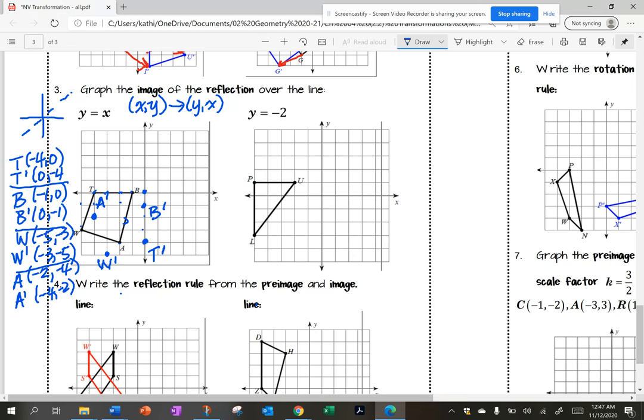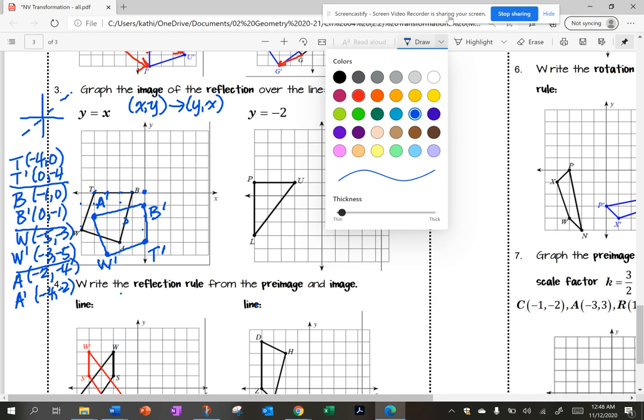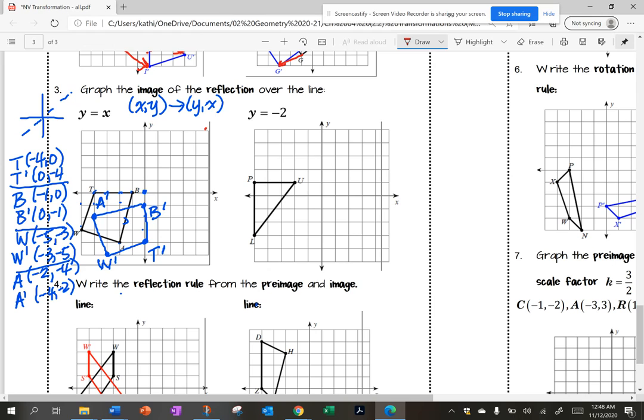A prime. And if it helps to draw in the y equals x line to see if you did it right, I would draw it in. And if I fold my paper in half, I got it.